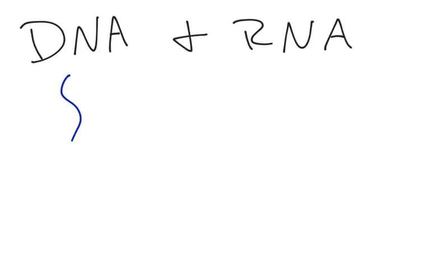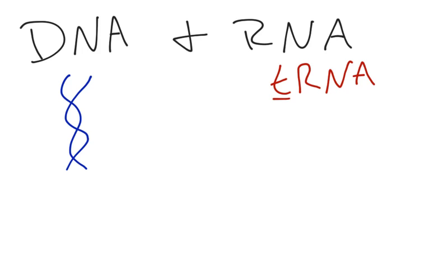DNA is our double helix complex, contains our genetic code. RNA is seen in a variety of ways, variety of structures. There are three types of RNA we're going to look at in this chapter. There's tRNA, the T refers to transfer RNA.